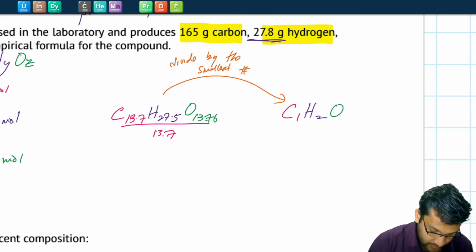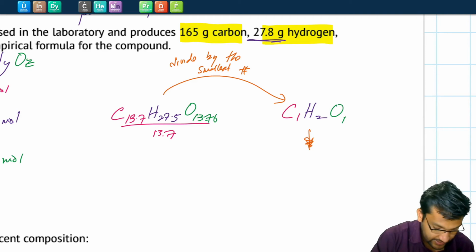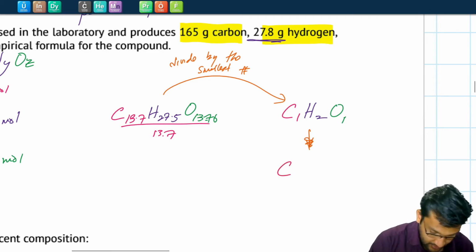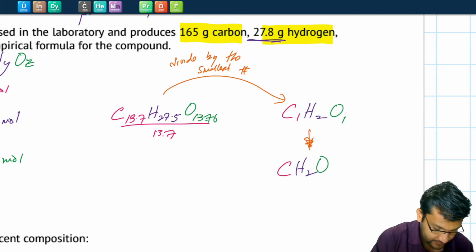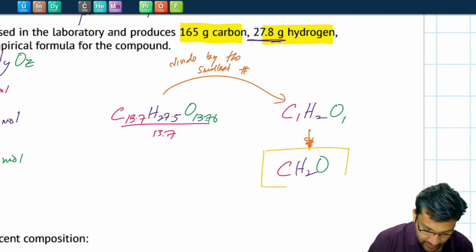And O would be 1. Now these all come out to be whole numbers, so we don't need to do anything else. So we could just write CH2O as our answer. Note that whenever we write these, we usually ignore the ones because it's implied.